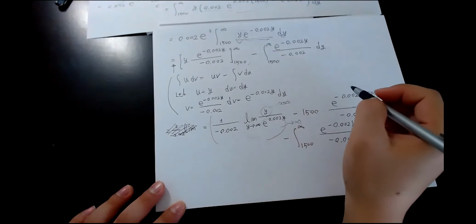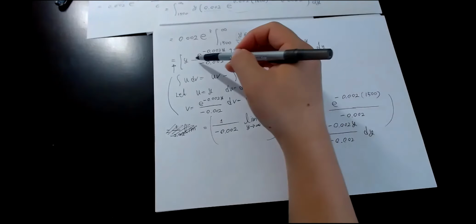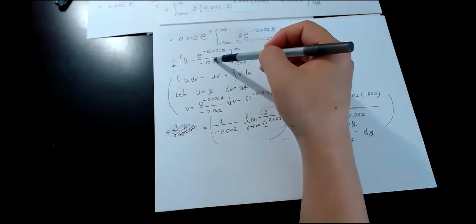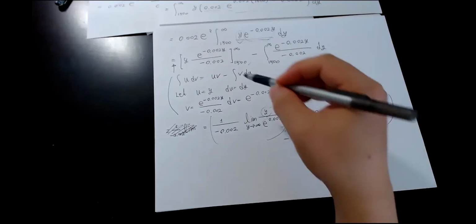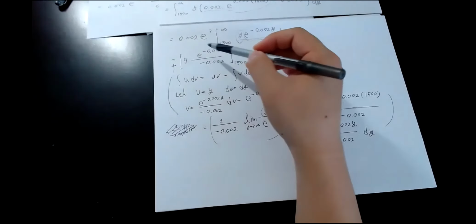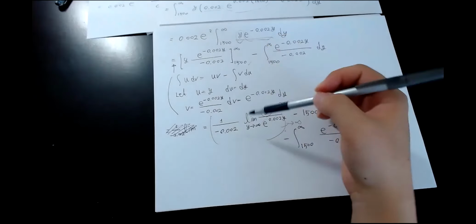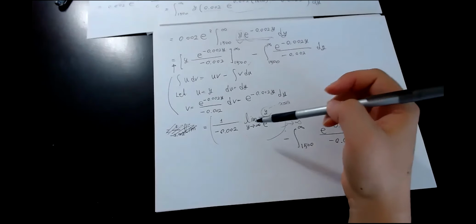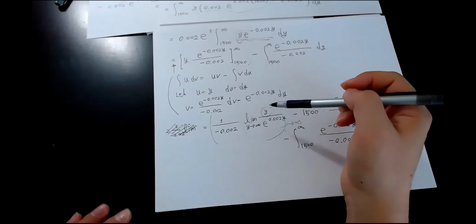So I just rewrite this entire derivative like this. That is infinity times 0, an indeterminate form, which we change to the limit of infinity over infinity form.